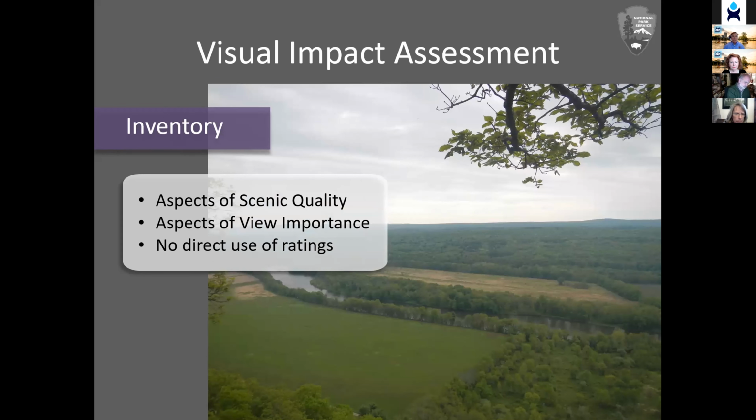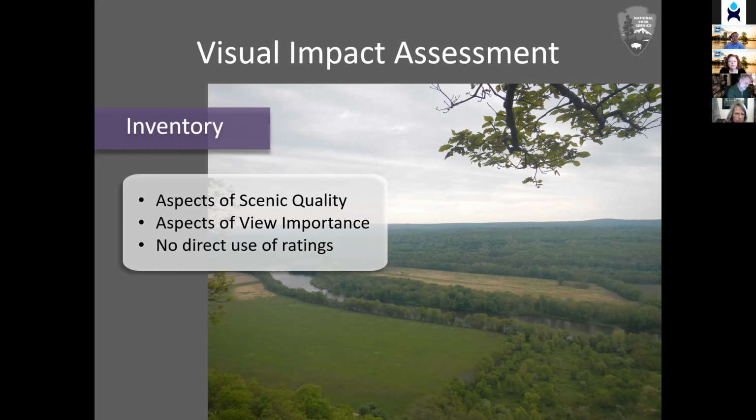As far as its relationship to our inventory, we have scenic quality and view importance. Those are our two halves of our inventory. We don't make direct use of the ratings in the VIA.